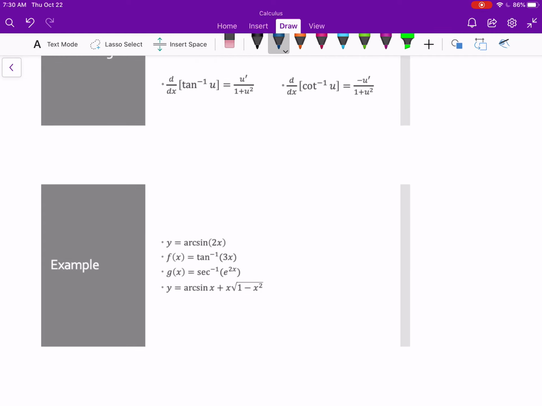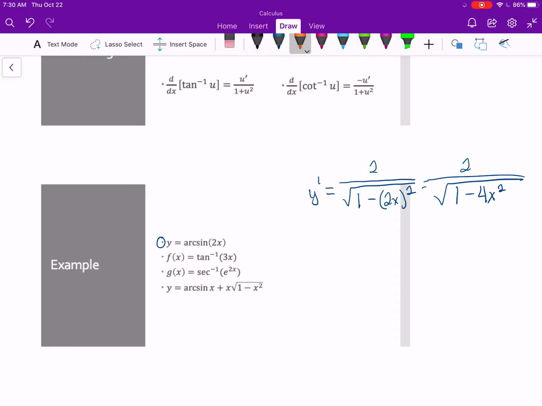So for this one, our derivative y prime, we take the derivative of what's inside the inverse sine, which is 2, and that goes on the top, over the square root of 1 minus what's inside squared. So I'm just going to simplify that to be 2 over the square root of 1 minus 4x squared.